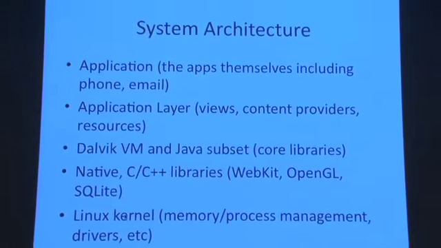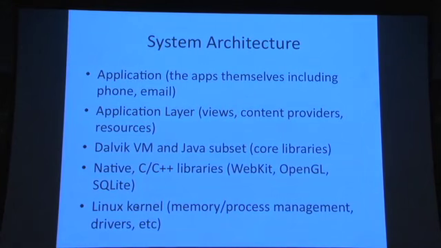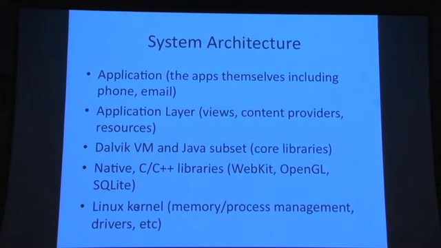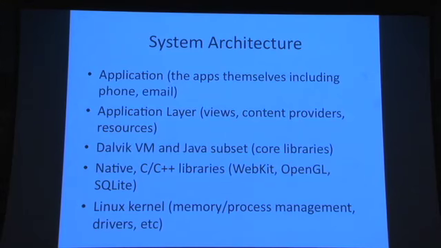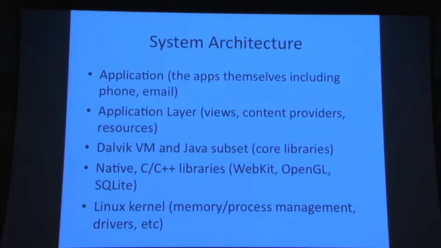All right. So now we're going to go through the system architecture of Android. So the first layer is the application itself. So this would be phone, email, your contacts. These are all apps within the phone. And you can also create your own applications, which you'll be doing in this course. So the next thing would be the application layer.